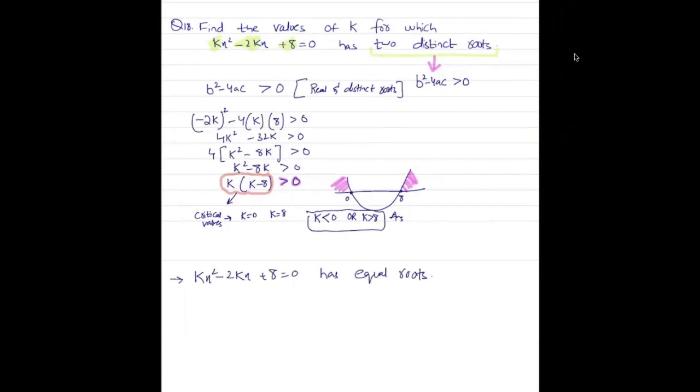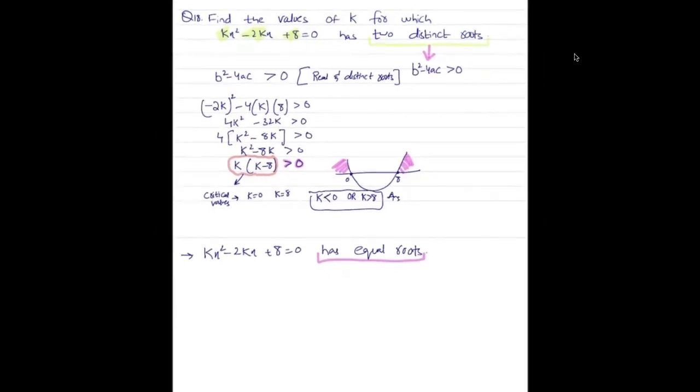If it would have said equal roots, guys, then the discriminant b square minus 4ac would be, Abdul Rahman, what will it be? If the question said this equation has equal roots, you would have said b square minus 4ac equal to 0, right? Yes or no?